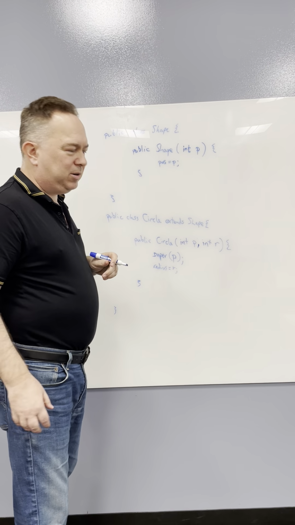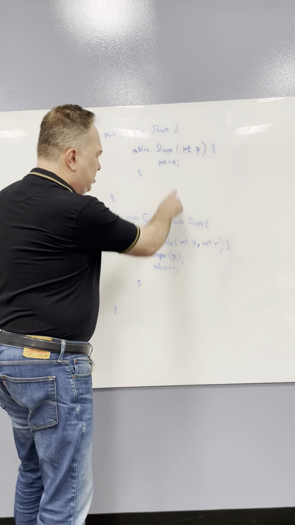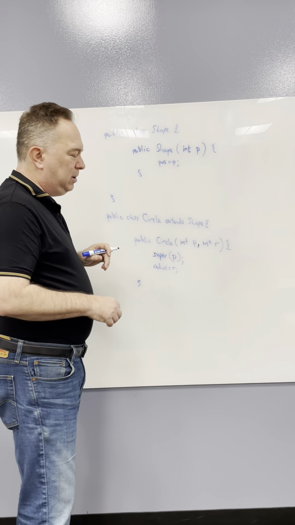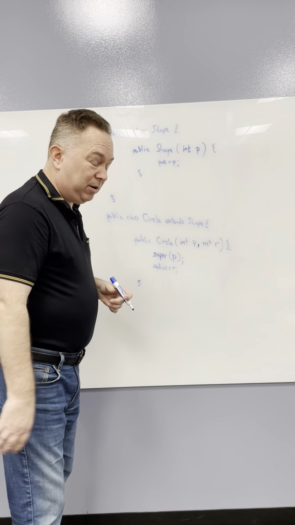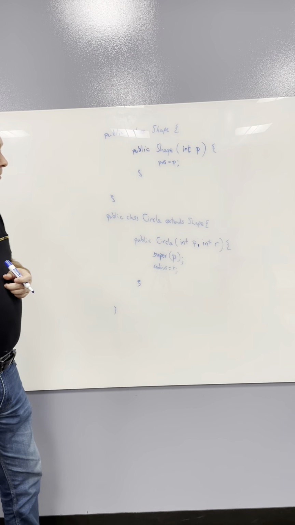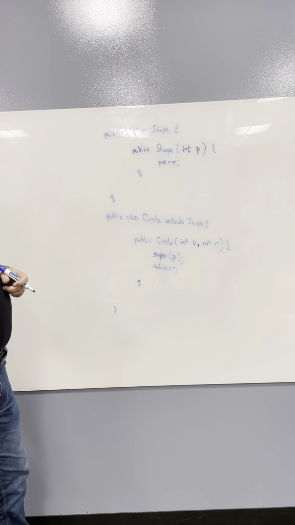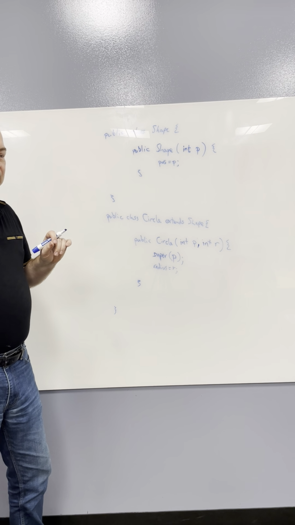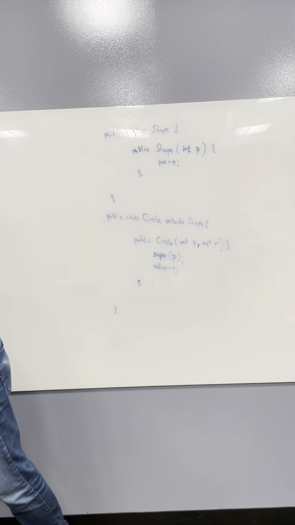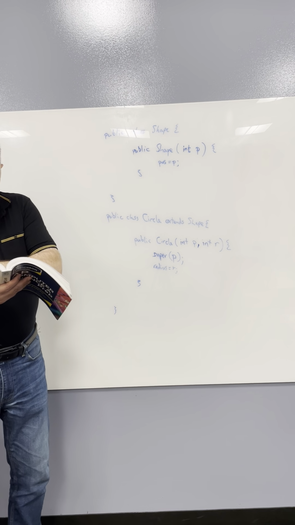I'm creating daddy first, giving it whatever information it requires. And then I'm continuing on with the circle constructor, doing whatever I have to do to construct the circle. Okay, is this relationship with constructors clear? All right, good.